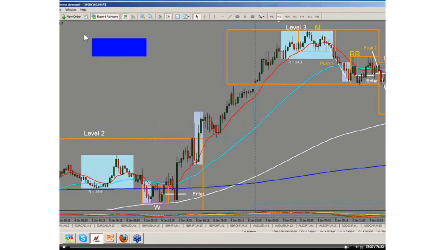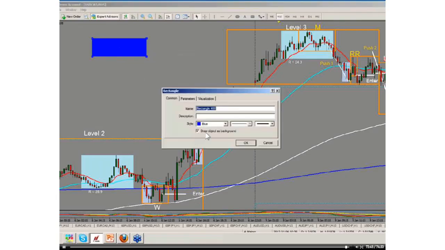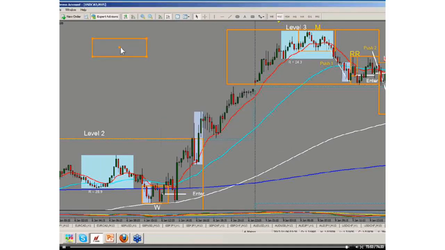When I draw it, it looks like this, blue. If you double click it, you get these little dots pop up. Right click, rectangle properties. Make sure the object is background, you click that, and you can change it to whatever color you want, and click OK, and it becomes a box.